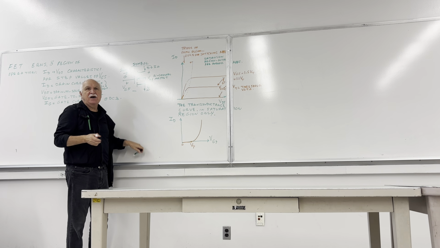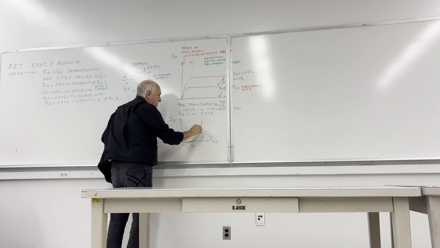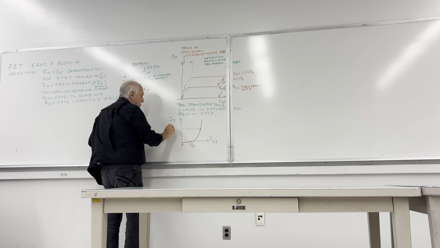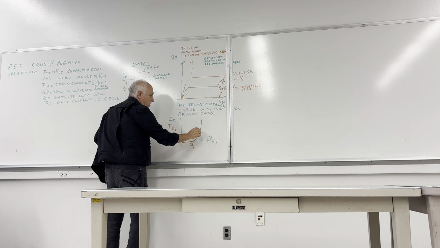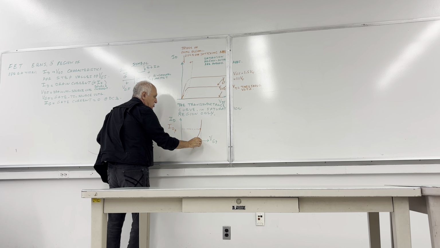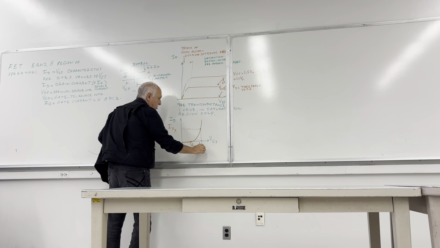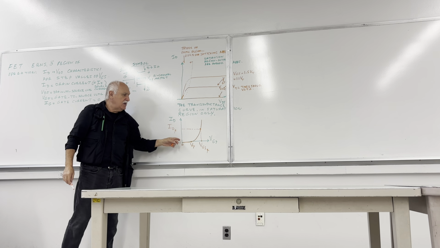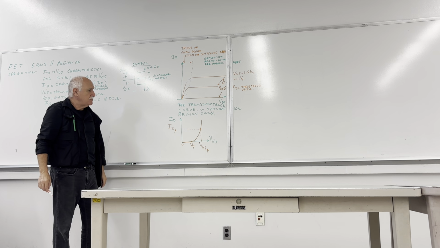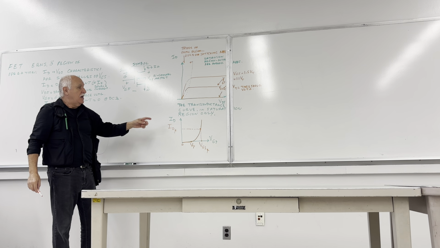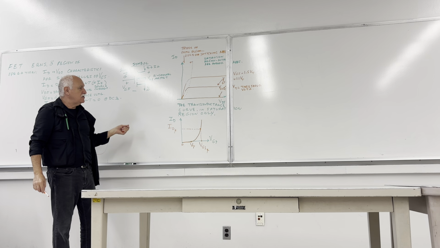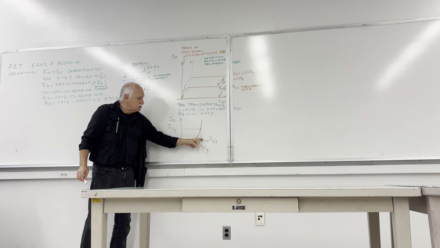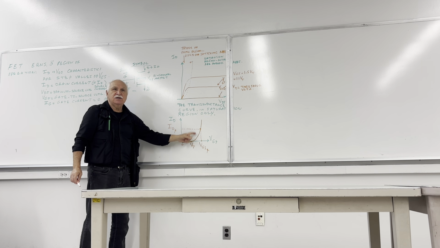So if you have a bias point here as ID quiescent, a VGS quiescent, just like the IB and the VB of a transistor, then at that point there will be a dependency between a small change in the VGS and a small change in the ID.